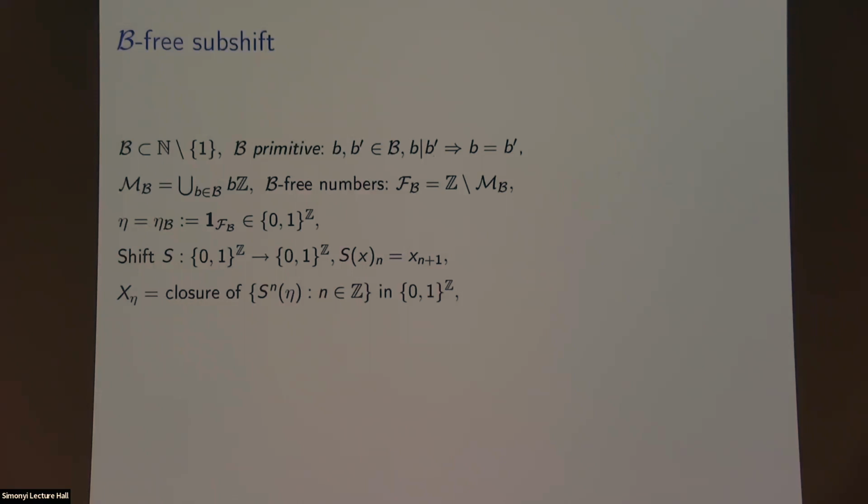And X_eta will always denote the closure of the orbit of eta under the action of S. The closure is considered in the space of all sequences equipped with the product topology induced from discrete topologies on the sets {0,1}. And this is just the B-free system or B-free subshift, as I will usually say. This is X_eta equipped with the automorphism S. This is one of the main objects of our study.